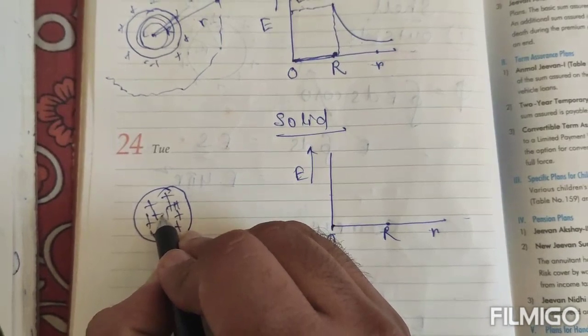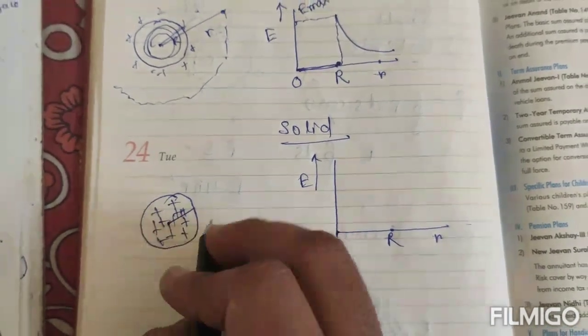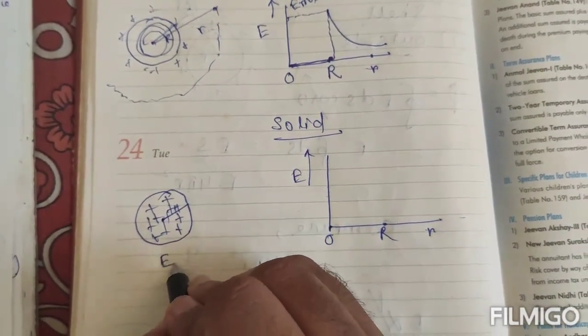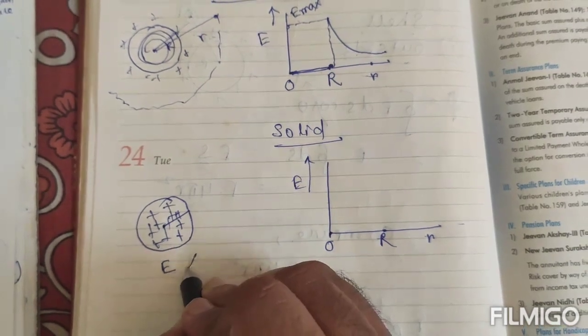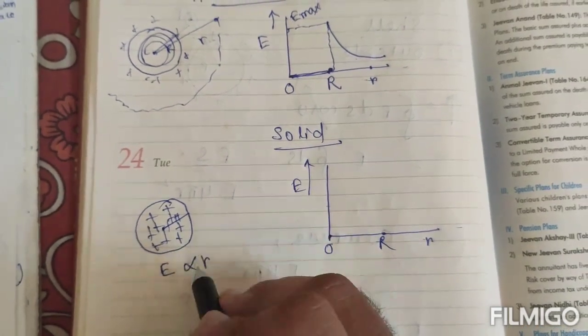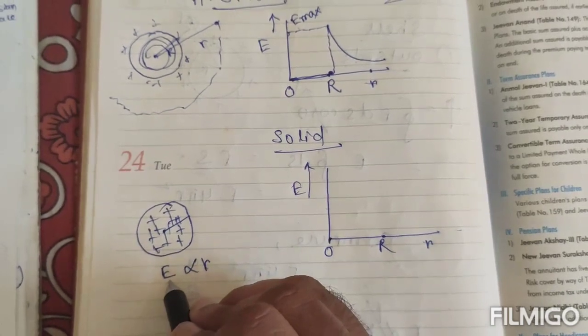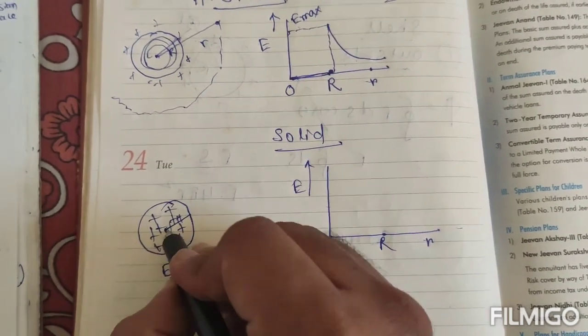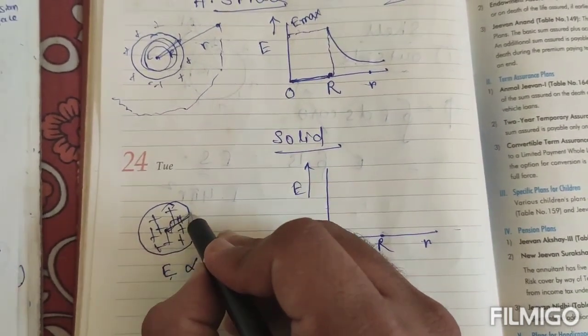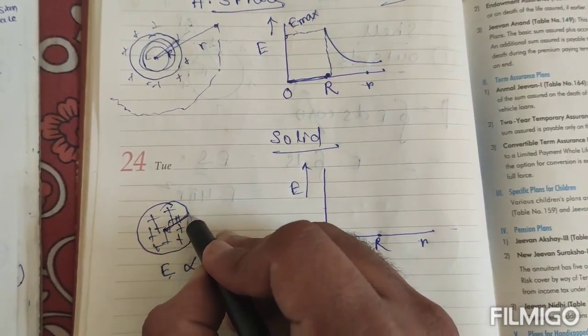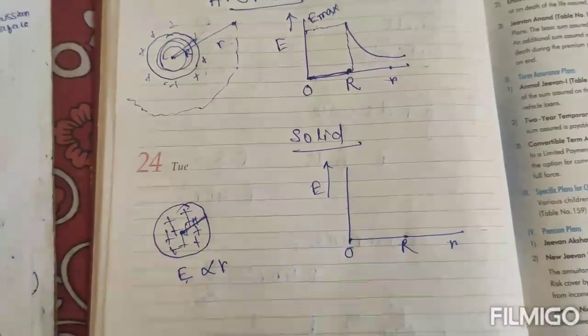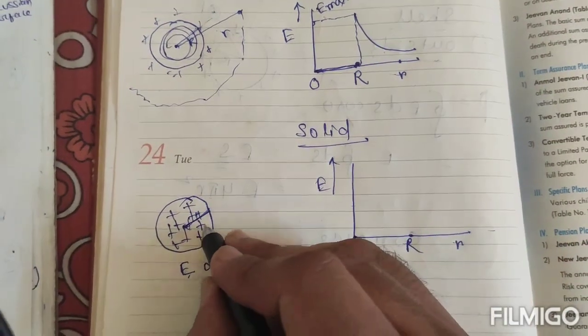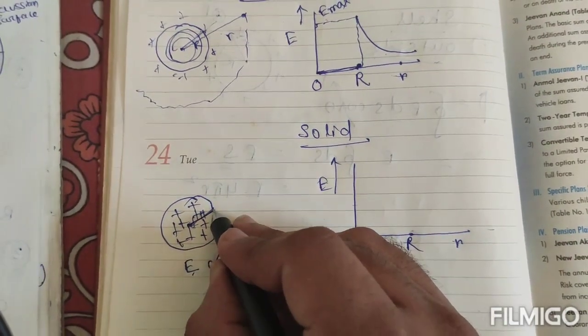So if you go from the center to this point, what is the relation? E is directly proportional to r. If you increase your r, your electric field also will increase.